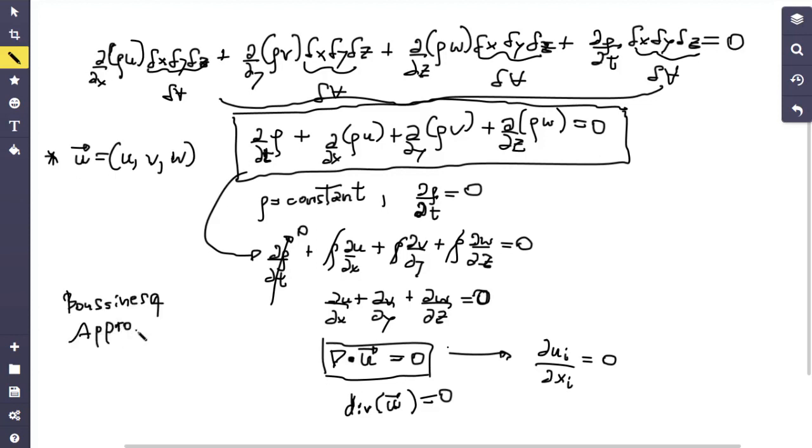If the variation of density is of the order of 4%, so if this term here is of the order of 4%, we can apply this equation here, the continuity equation, in its incompressible formulation.